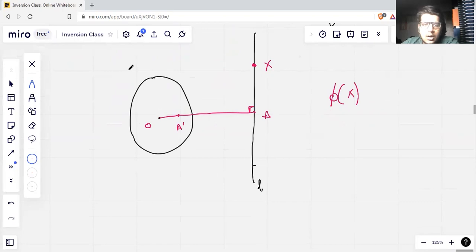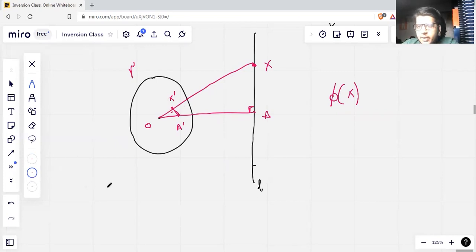Phi is the inversion about the circle gamma. So consider X, consider this line OX. X dash should lie somewhere here, right? Can you notice a nice property? How do you characterize X dash?